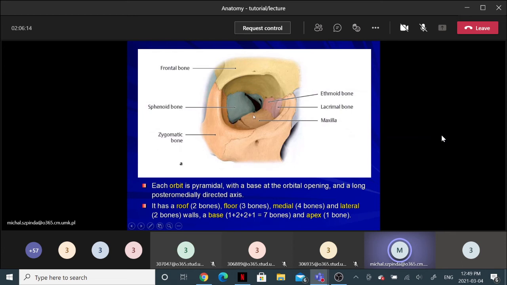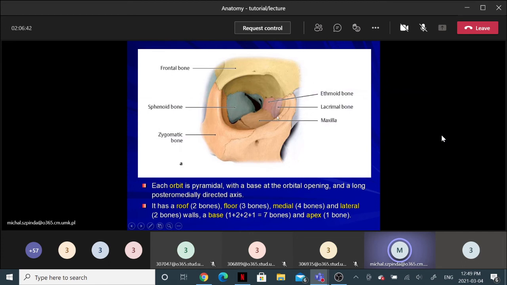So the inferior orbital fissure is very wide and long in transverse projection. Medially, it projects on the pterygopalatine fossa, and laterally, it projects onto the infratemporal fossa.